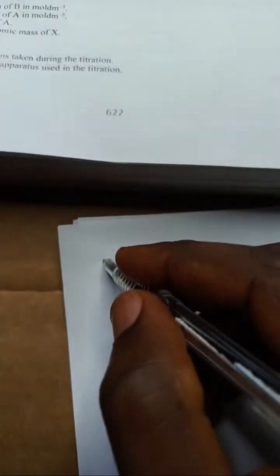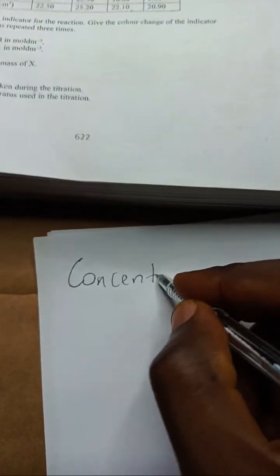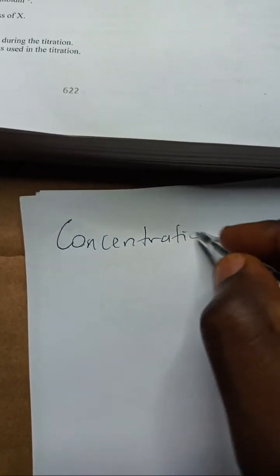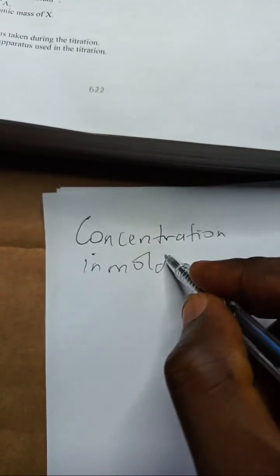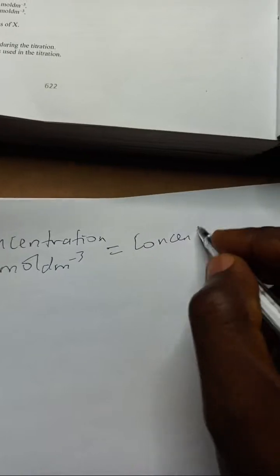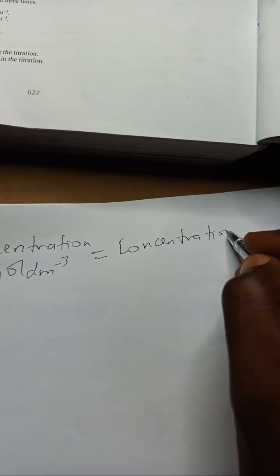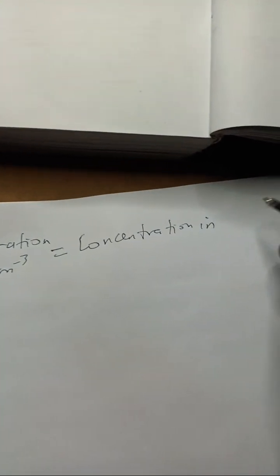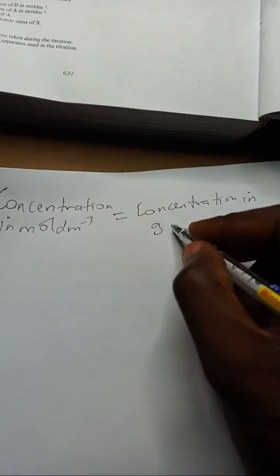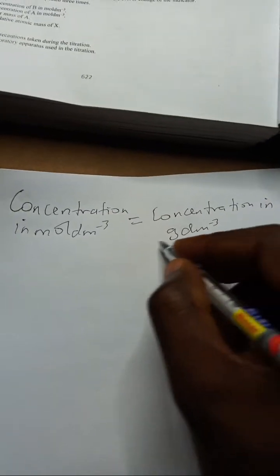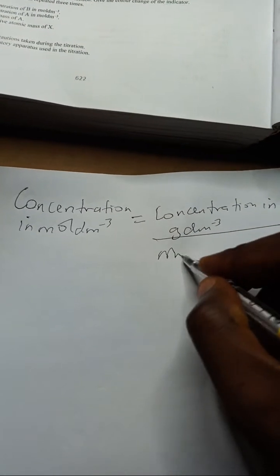Concentration in moles per dm cube is equal to concentration in grams per dm cube divided by molar mass.